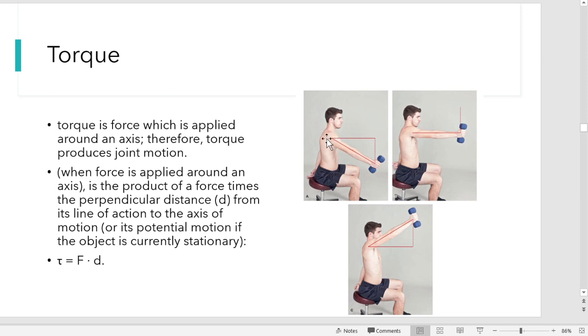Where we can find the shoulder muscles, especially the insertion here along the greater tuberosity and lesser tuberosity of the humerus. So the distance from the axis of motion to the insertion of the shoulder flexor muscle, that is your force arm.